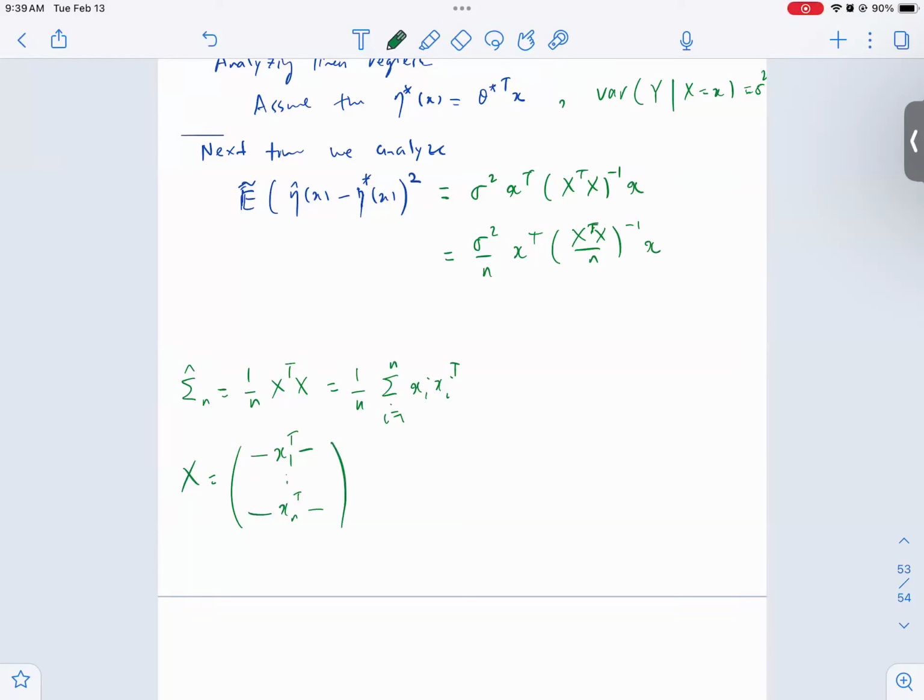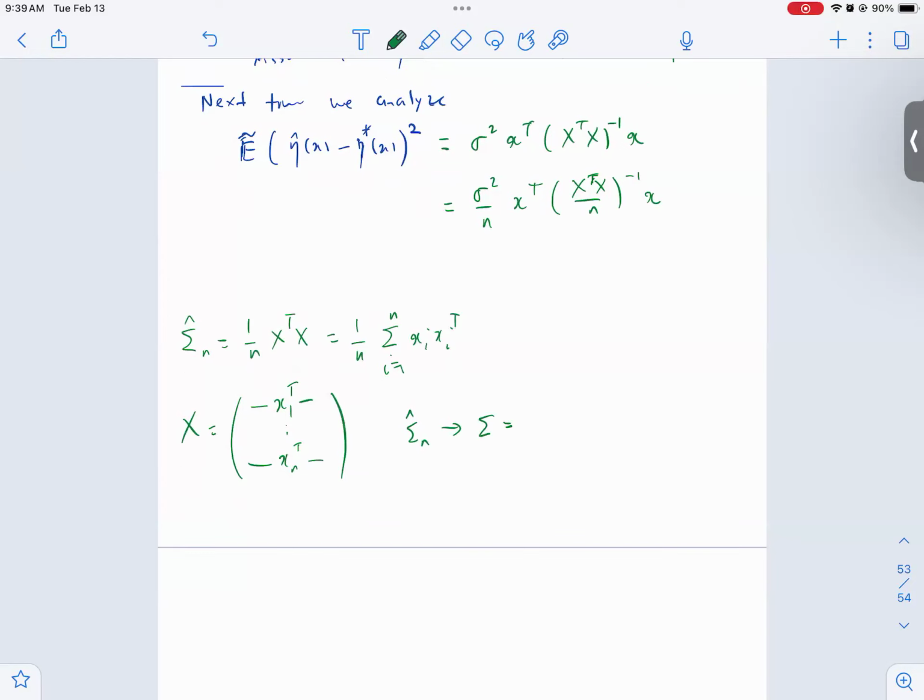By the law of large numbers, this converges to sigma, which is just the expectation of x1 x1 transpose, if the x_i's are assumed to be IID and the marginal distribution has zero mean.